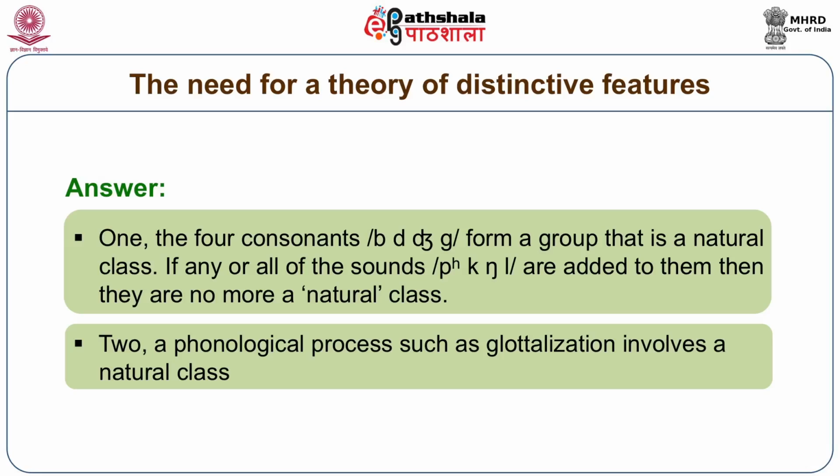When we want to take our discipline to a scientific level, it becomes necessary for us to make predictions about what a natural class is. When we want to make predictions about a natural class, characterize a natural class, then we find that the notion of distinctive features comes of critical help.